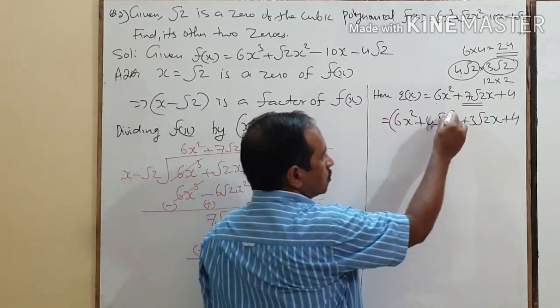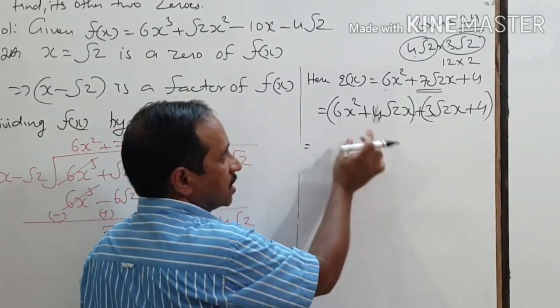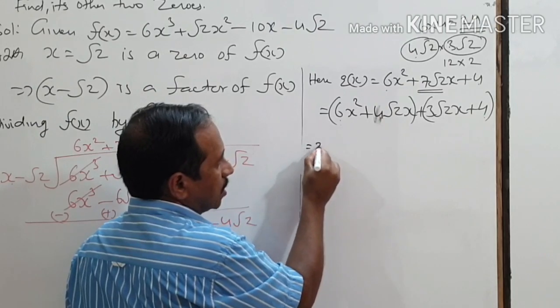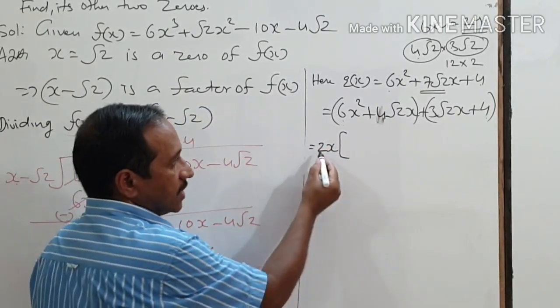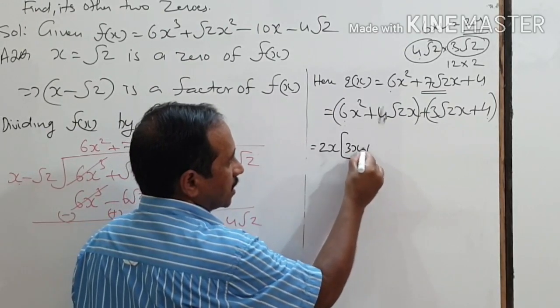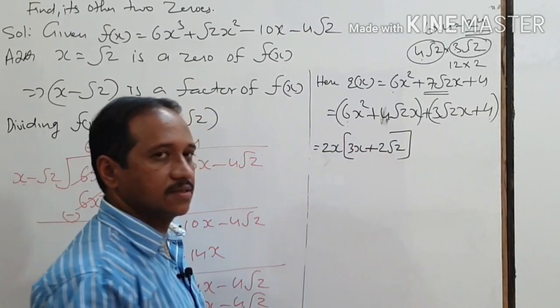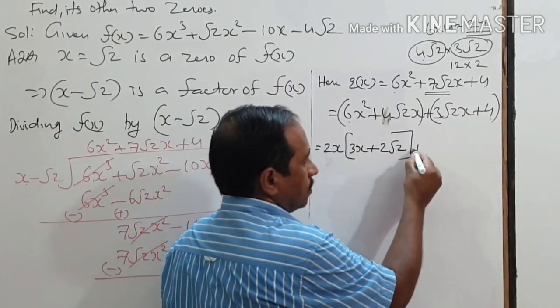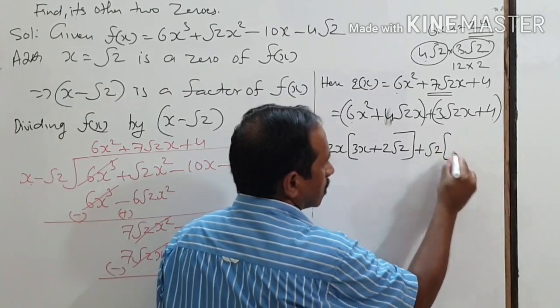On grouping the first two terms and the last two terms, from the first group, that is from the first and second term, we can take 2x common. After taking 2x common, we have 3x plus 2 root 2 inside the bracket. From the last two terms, we can take root 2 common.